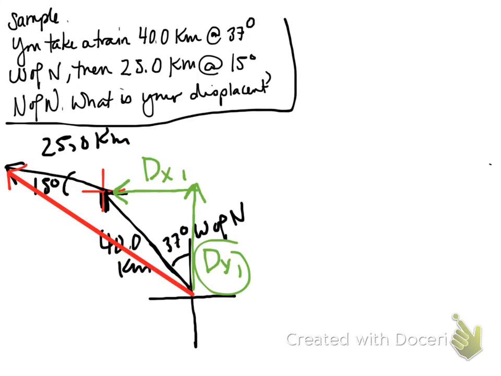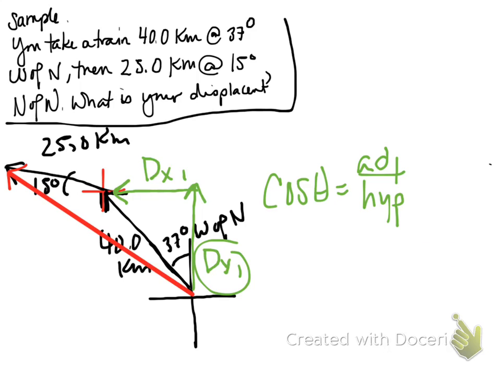Well, what do we have? We have the hypotenuse and we have the angle. What trig function can we use to get the adjacent side? Cosine, anyone?